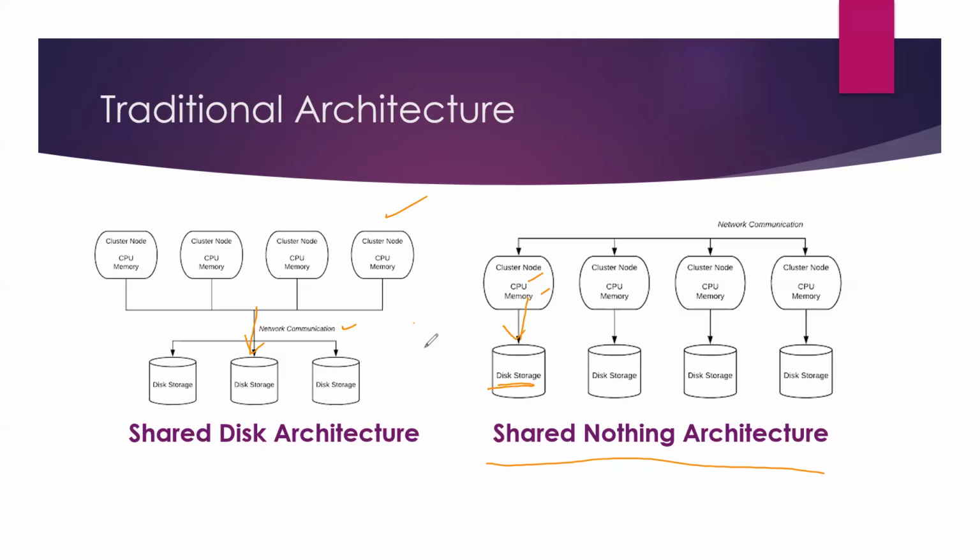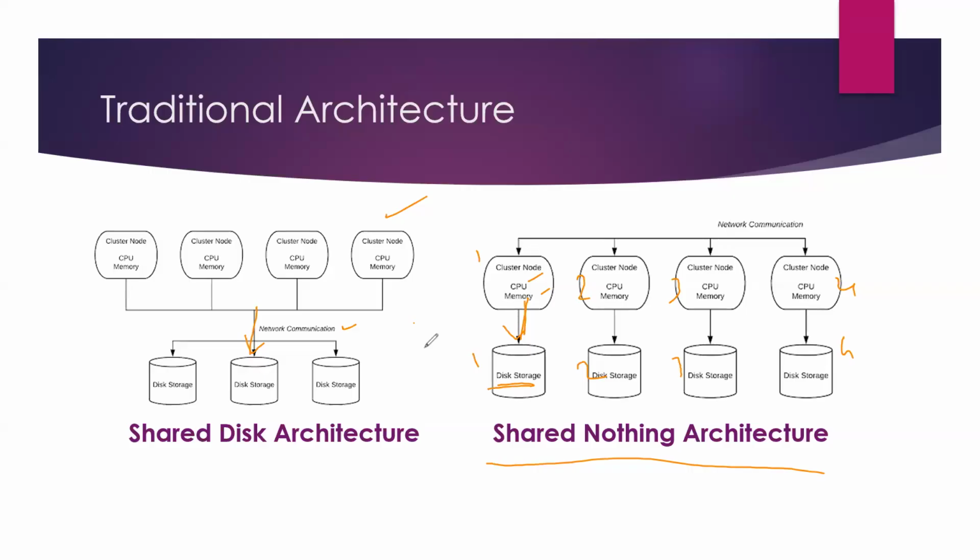Node 1 is connected to disk 1, node 2 to disk 2, node 3 to disk 3, node 4 to disk 4. Means all nodes are independently connected to a portion of the disk storage.